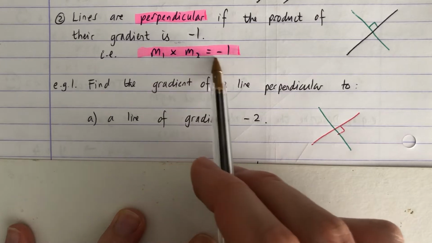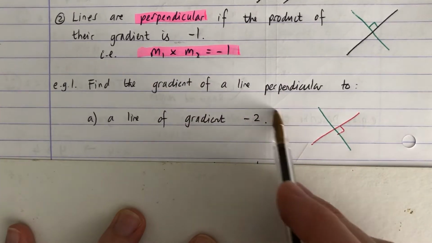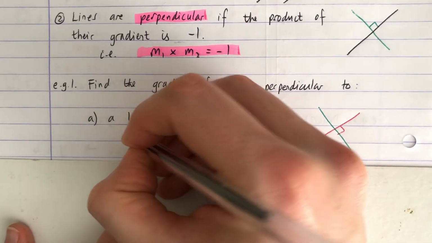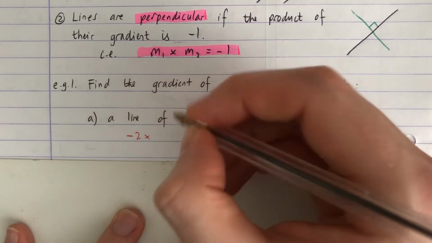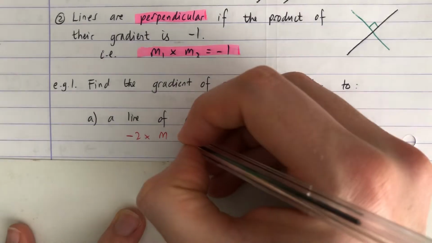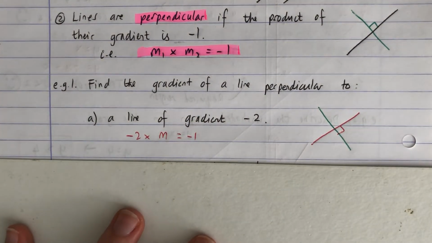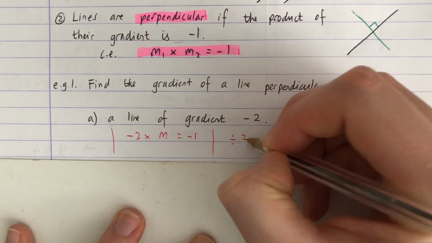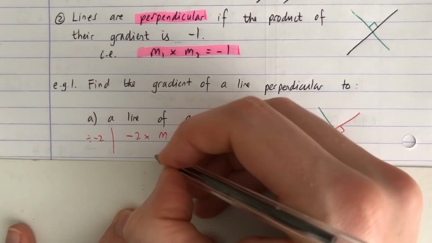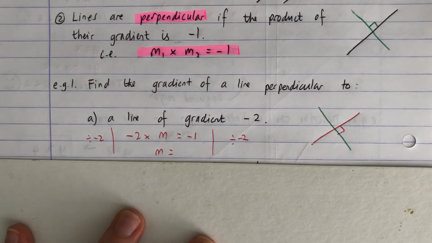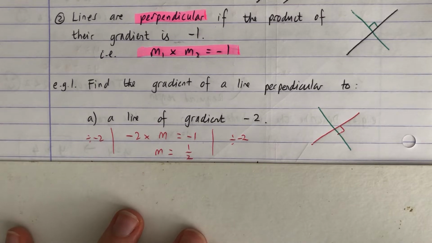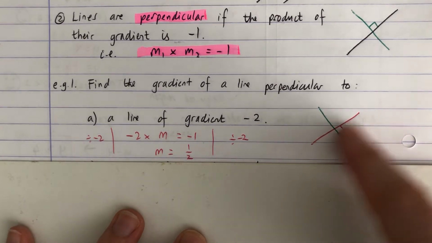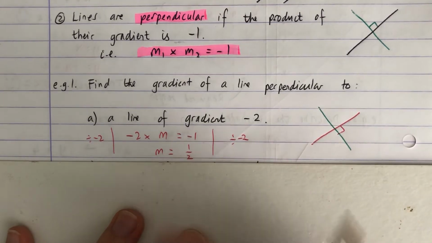So m1 times m2 is equal to -1. I've got one of the gradients, which is -2. So -2 times something, gradient m, needs to be -1. -2 times something, and you could just use tram lines, divide by -2. Well, you might be able to do this in your head, and that would be a gradient of a half, or 0.5. I always prefer the fraction rather than the decimal for gradients, which kind of makes sense, doesn't it? It's a little bit shallower, and it's a positive gradient, so that does make sense.